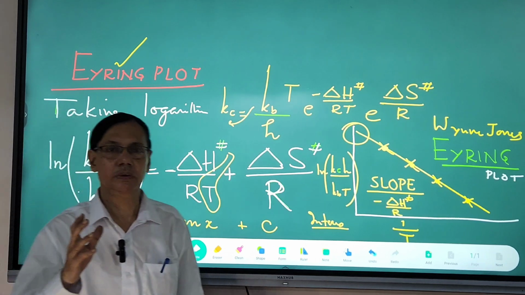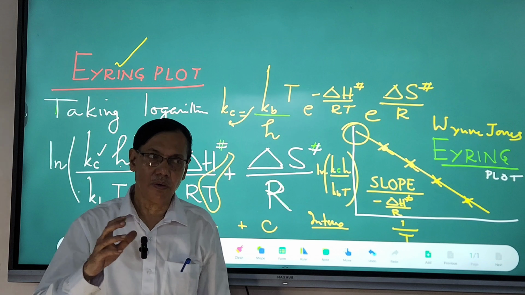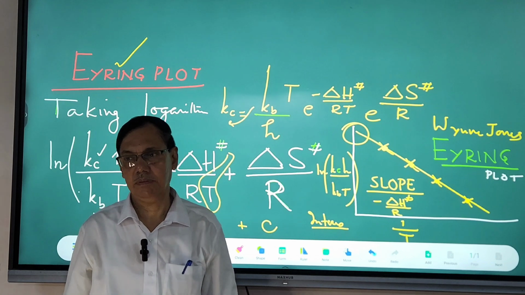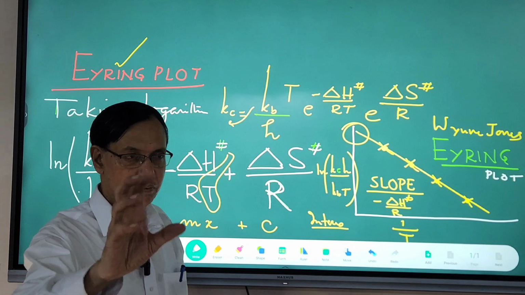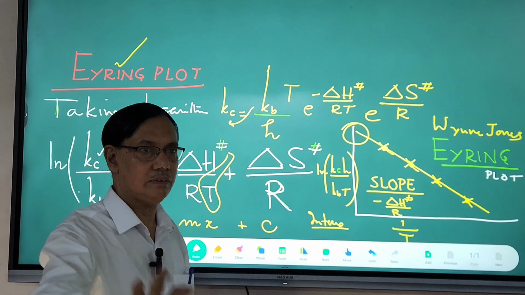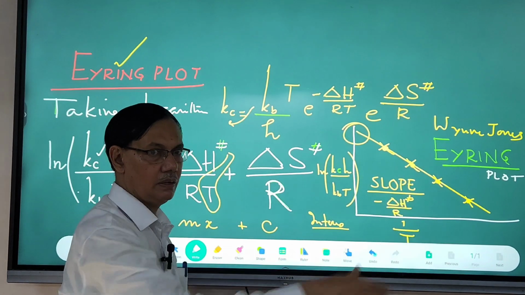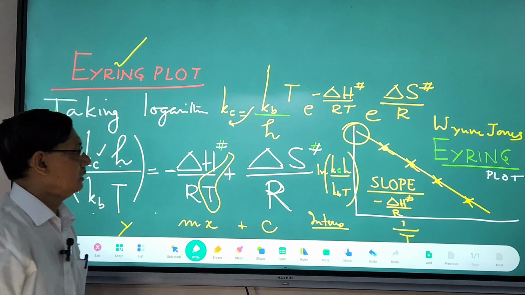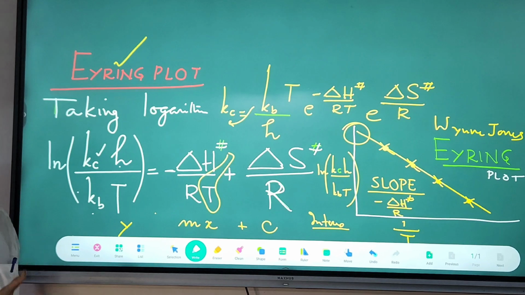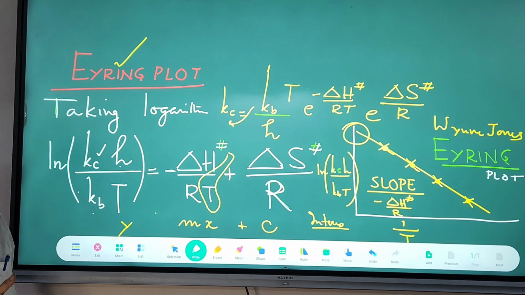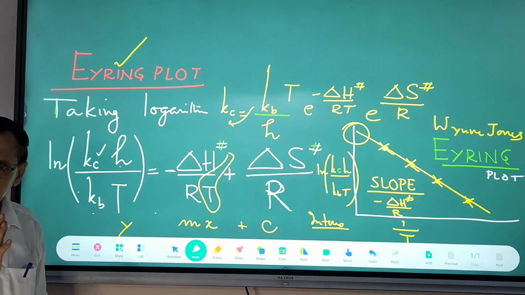There is a possibility of numerical problems or some other type of question or objective type of question. You can see it there sometimes. So it is clear what is Eyring plot. Eyring plot is a graphical representation, and for that we need only the values of different rate constants and different temperatures.